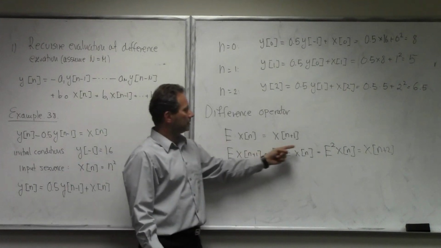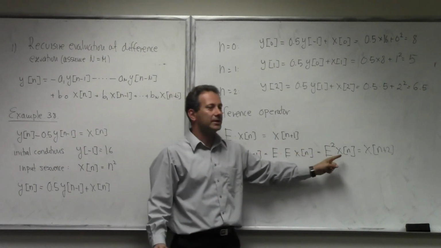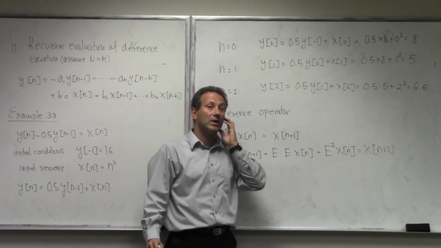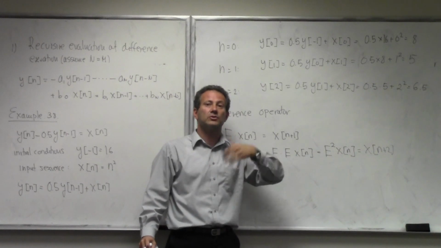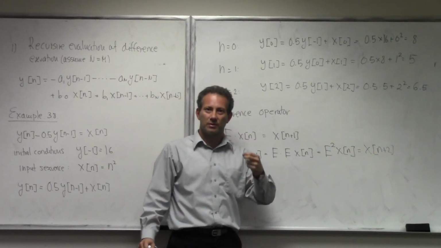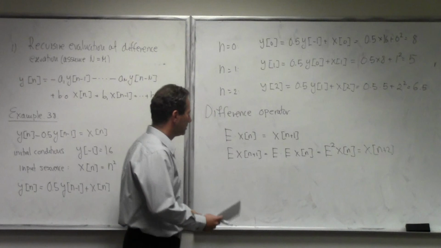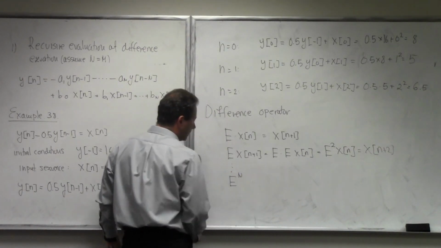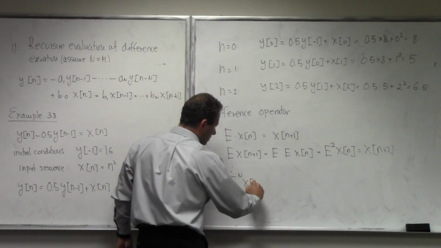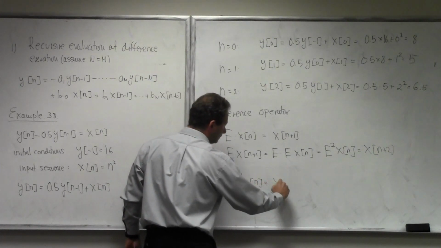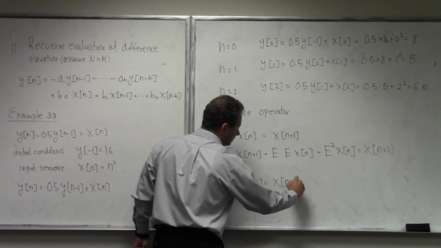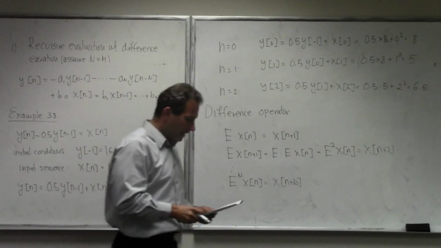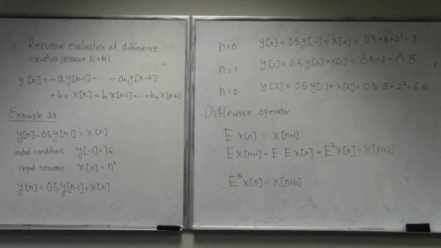You get the idea, right? This doesn't mean E squared times x[n]. You have to treat this the same way we treat D. D just tells you what to do. It is not multiplying, it's not a constant. So along the same token, if I continue, the operator E to the N applied to x[n] performs the shift by N samples.